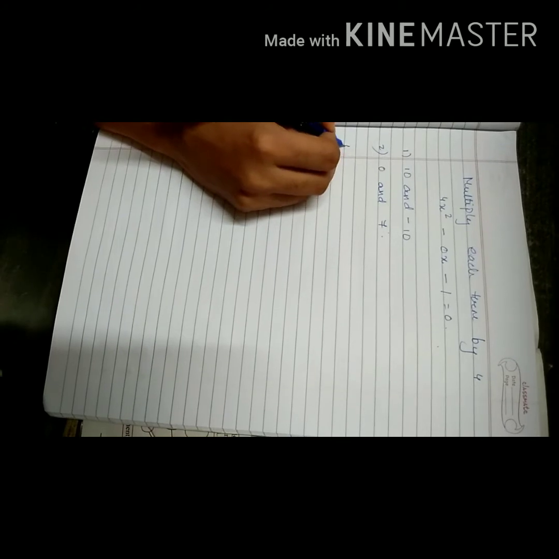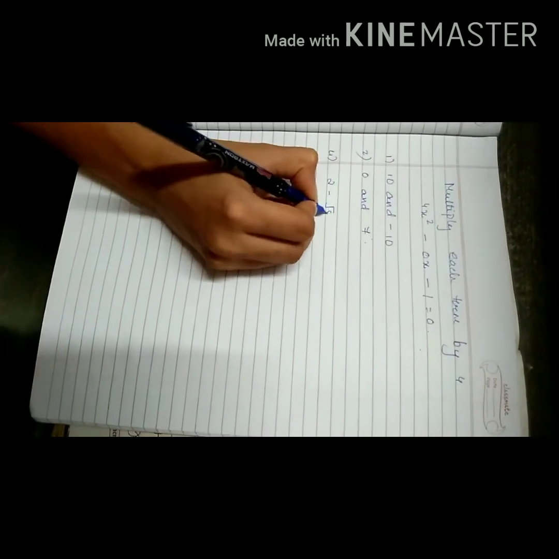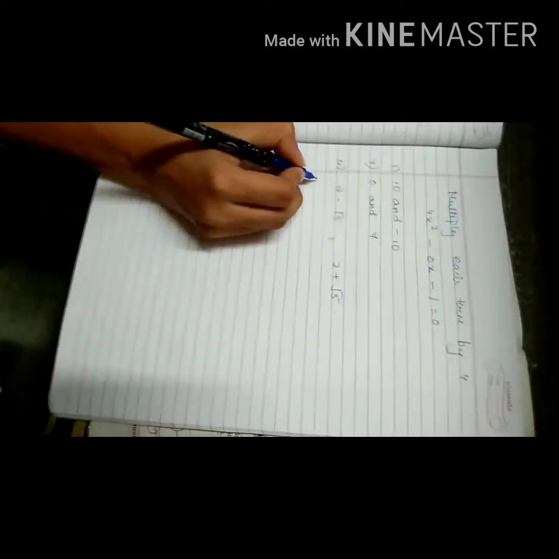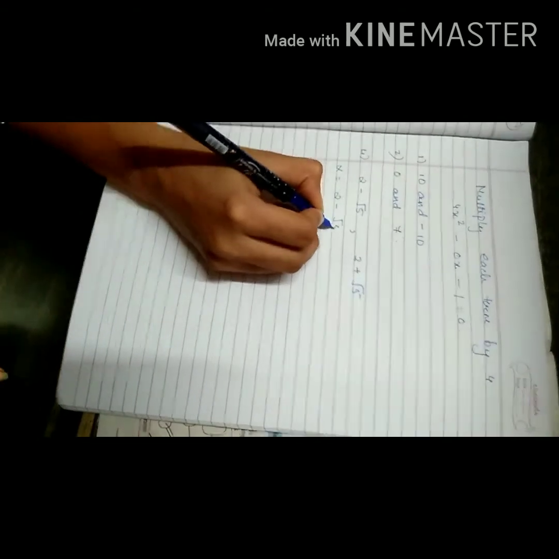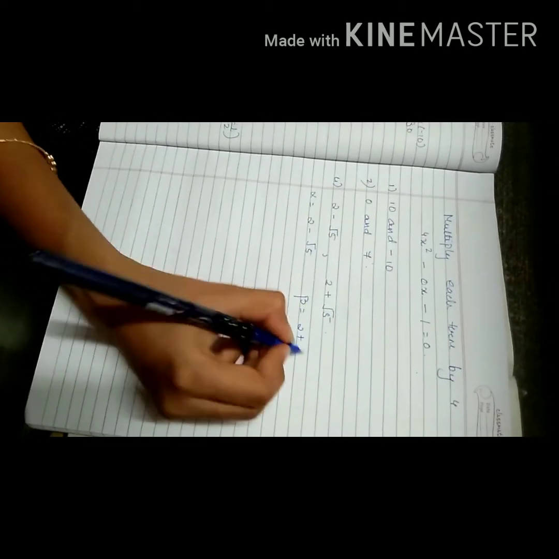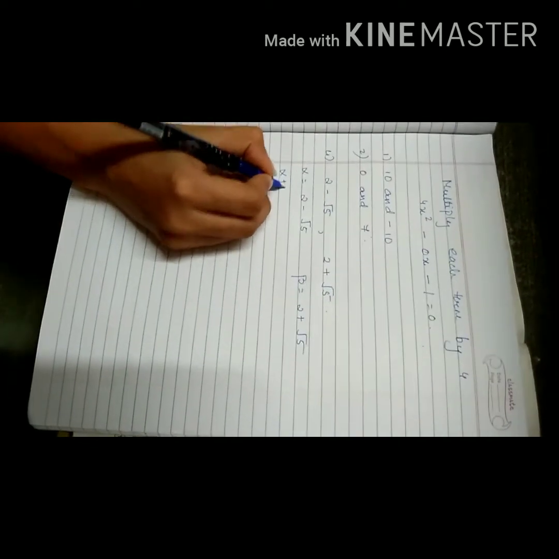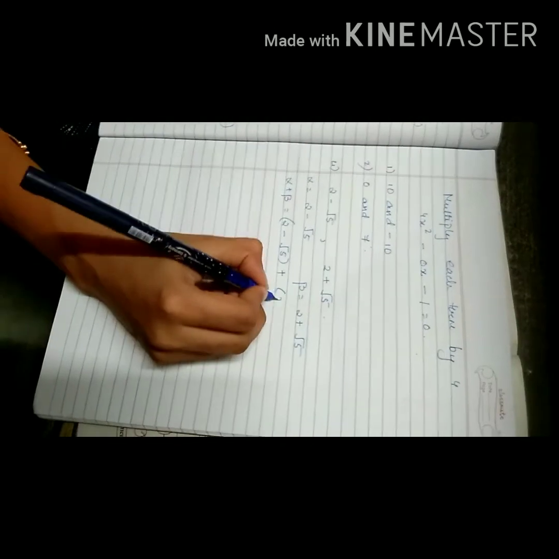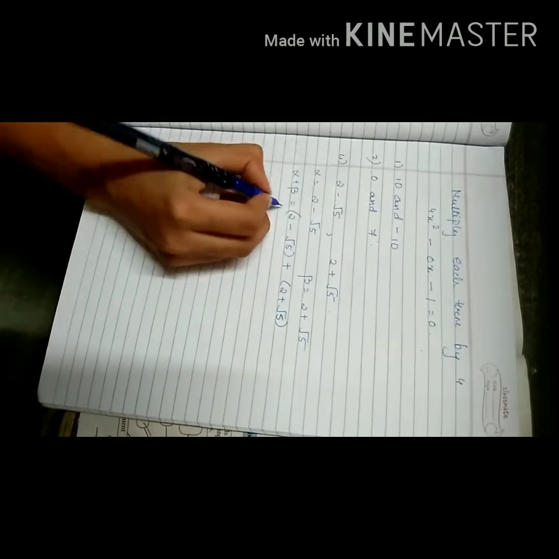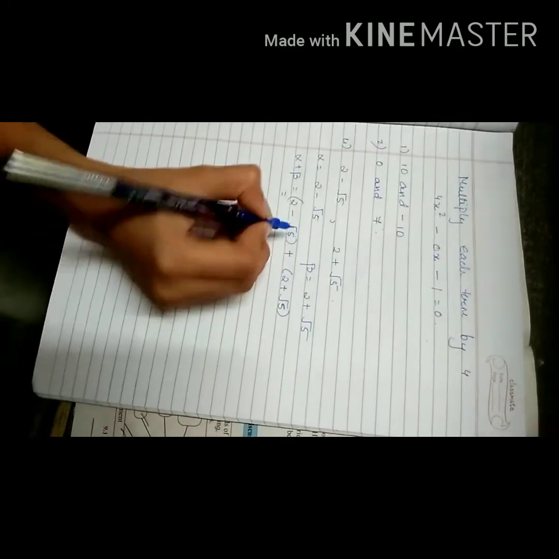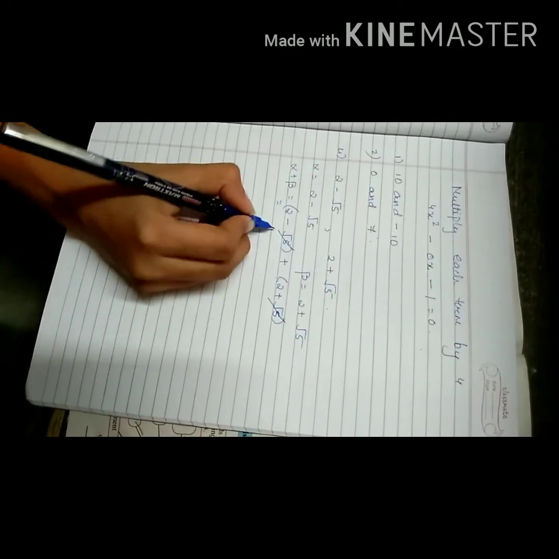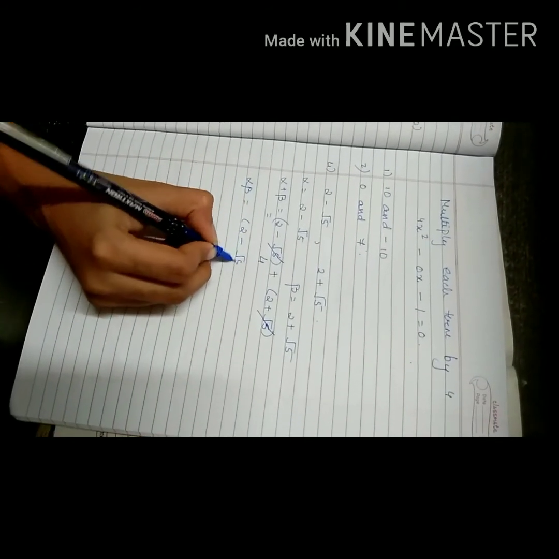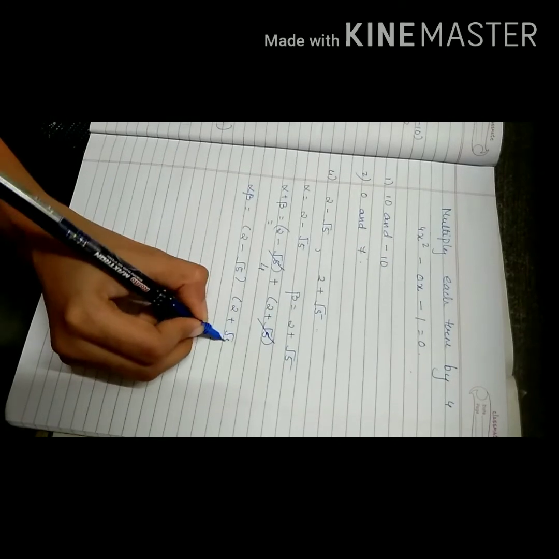Next sum, fourth one, 2 minus root 5 and next is 2 plus root 5. Again value of alpha is 2 minus root 5 and value of beta is 2 plus root 5. First alpha plus beta, that is 2 minus root 5 plus 2 plus root 5. Now minus root 5 plus root 5 will get cancelled out. 2 plus 2 which is equal to 4, and alpha into beta, 2 minus root 5, beta value is 2 plus root 5.